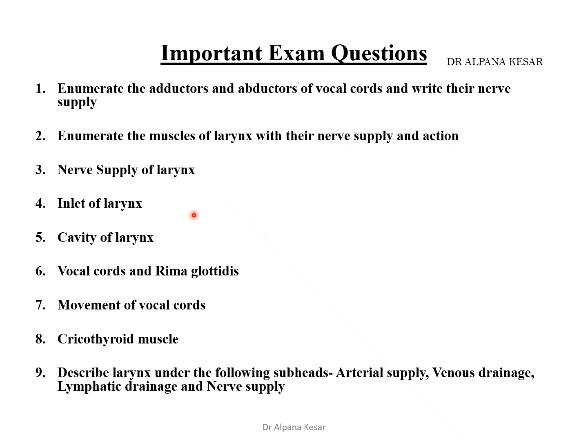Inlet of larynx, cavity of larynx, vocal cords and rima glottidis, movements of vocal cords, cricothyroid muscle. Describe the larynx under the following subheads: arterial supply, venous drainage, lymphatic drainage, and nerve supply.